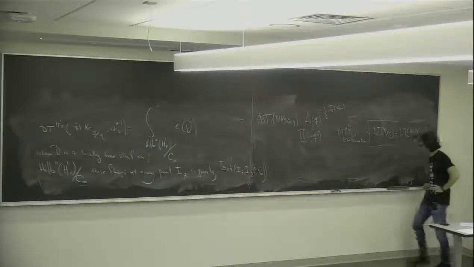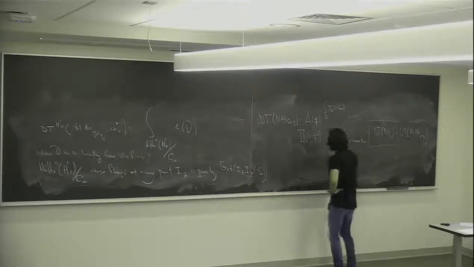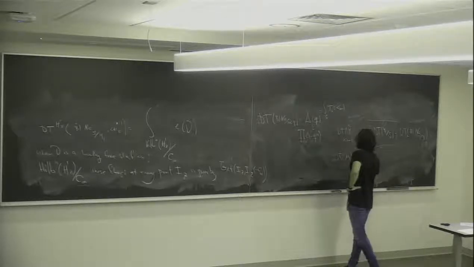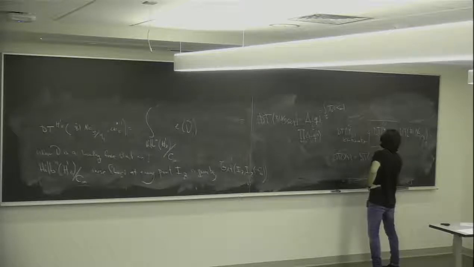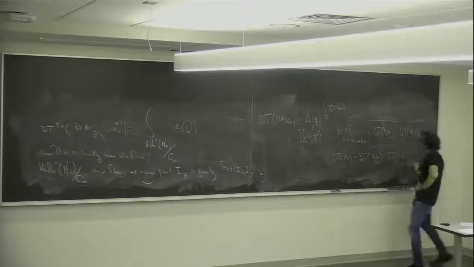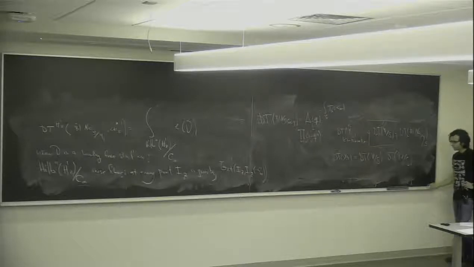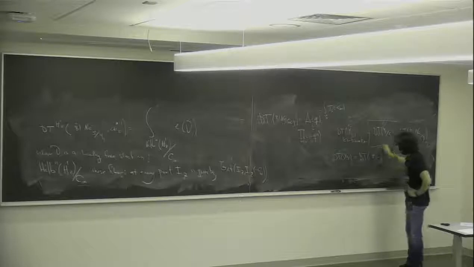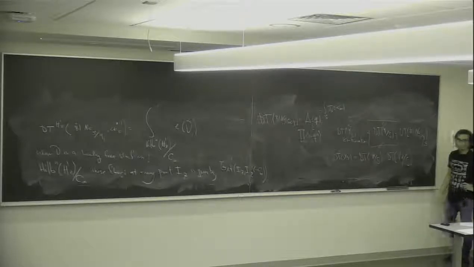And then by the first degeneration technique, DT of X5 is DT of Y1 over S times DT of Y2 over S. So now we have proved only one piece, which is Y1 over S. We have proved that this is modular.